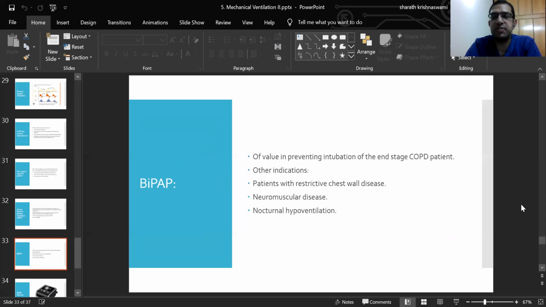So BiPAP is used in order to prevent intubating the patient in case the patient has end-stage chronic obstructive pulmonary disease. COPD is a disease that occurs in patients who are chronic smokers and who have a disorder of the lung in which the lung seems bloated up and cannot relax or contract while the patient expires.